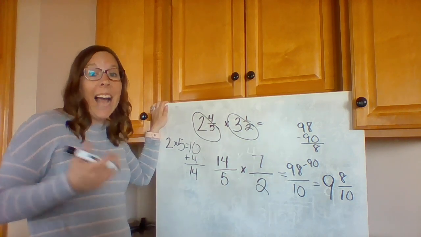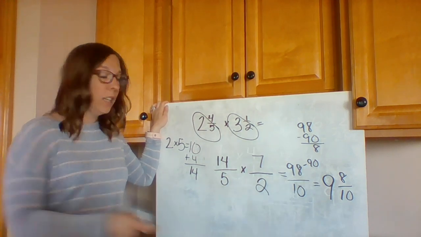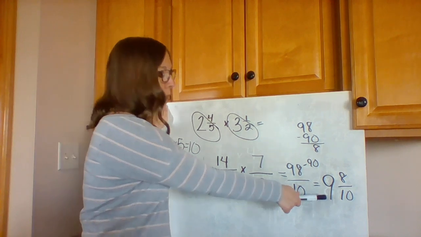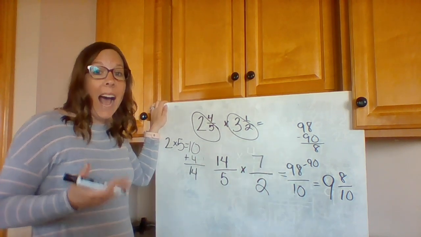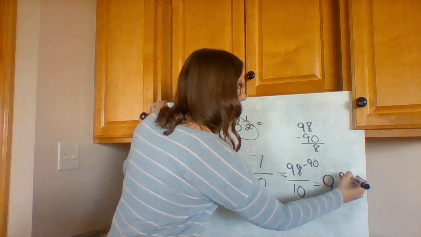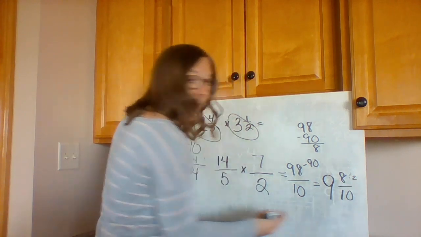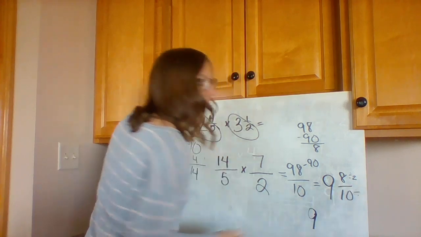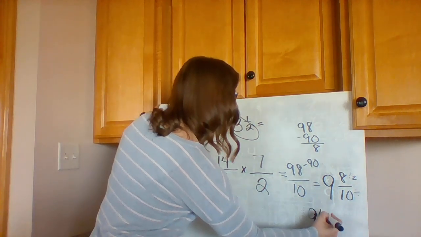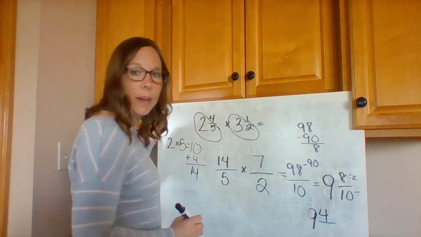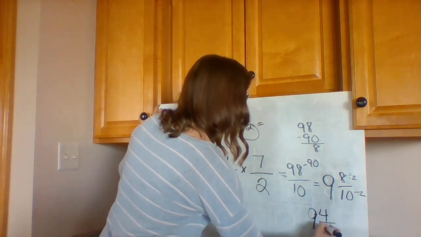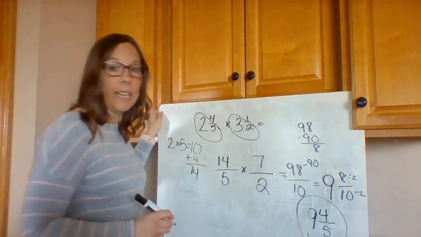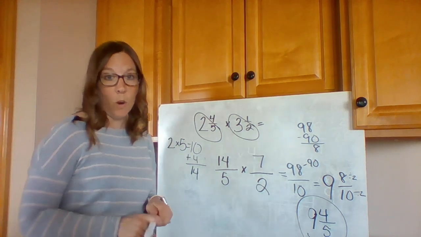You can stop here if you want, or I know I can divide both of those by 2. I'm out of room, but I know 8 divided by 2 is 4, and 10 divided by 2 is 5. So my final answer is 9 4/5.